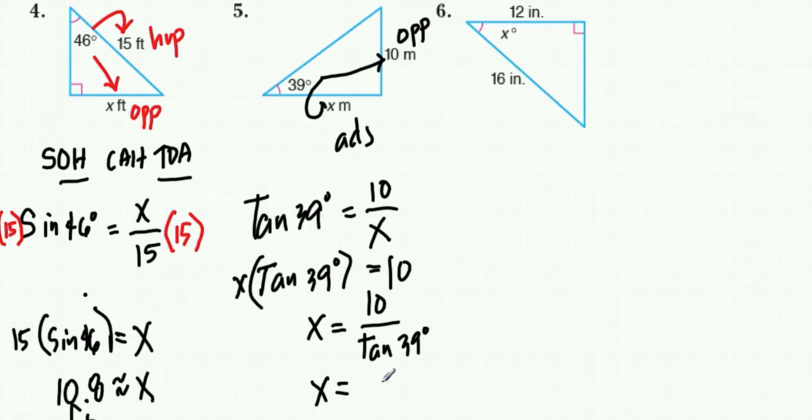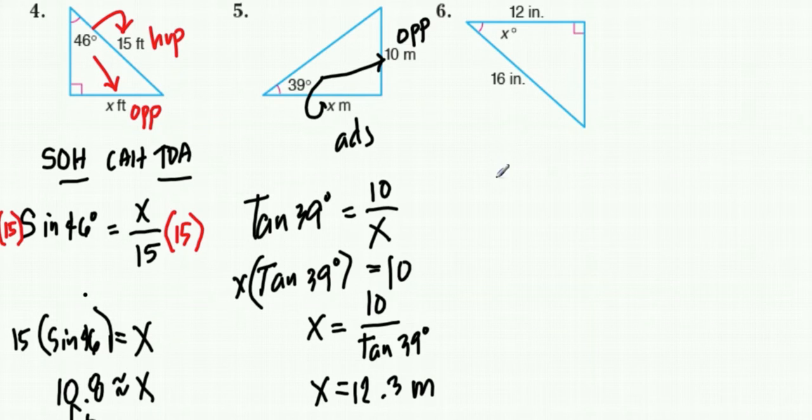Let me get my calculator real fast. There we go. 10 over tangent 39 degrees is approximately 12.3. So the measure of x is approximately 12.3 meters.